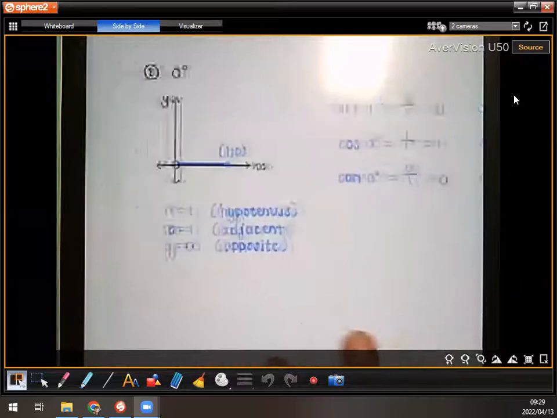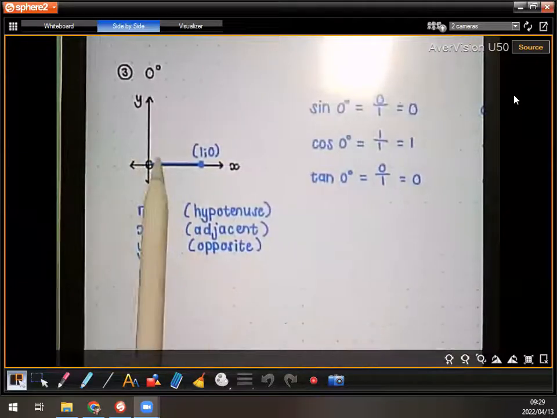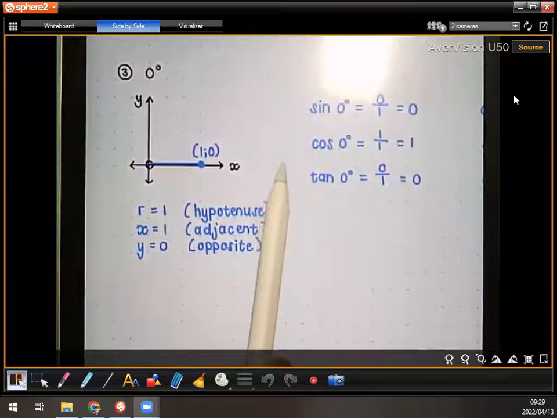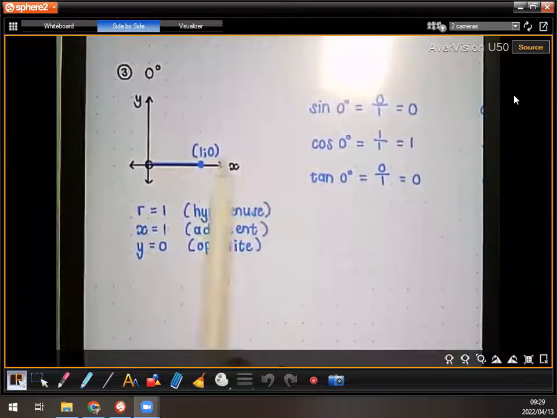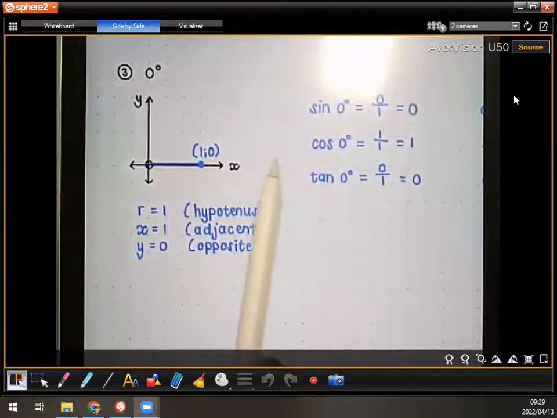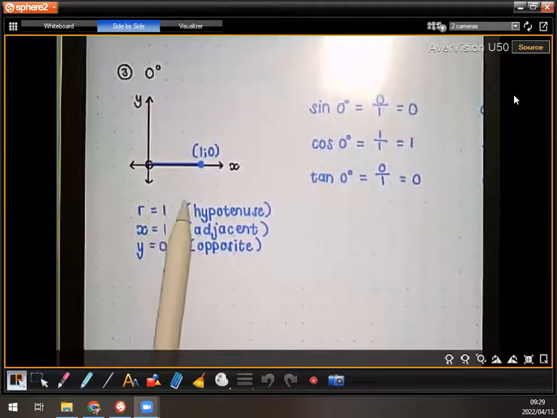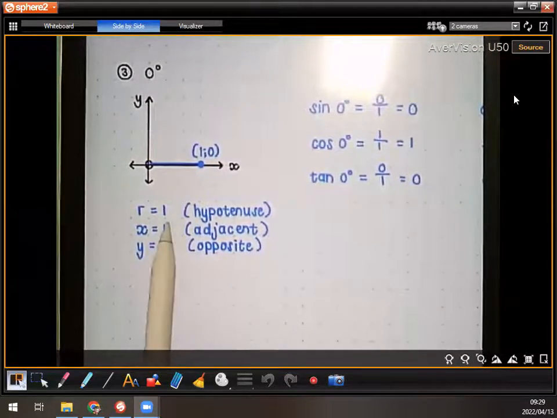So guys, let's just quickly talk about that. Even if I had a 3-0 point here, say instead of using 1-0, we decided that we were going to use 3-0. Your hypotenuse would then be 3. Your x value would then be 3, and your opposite will then be 0 still.